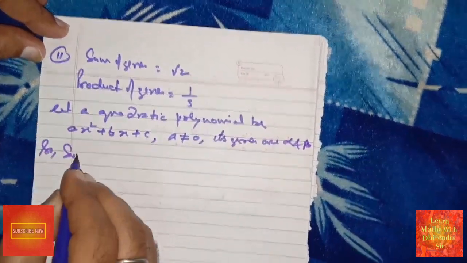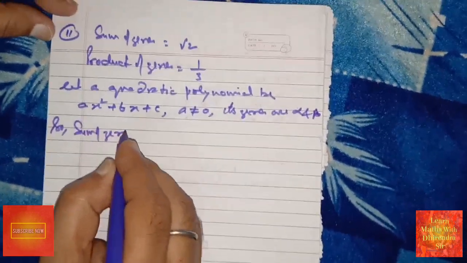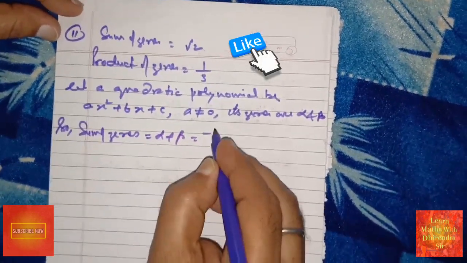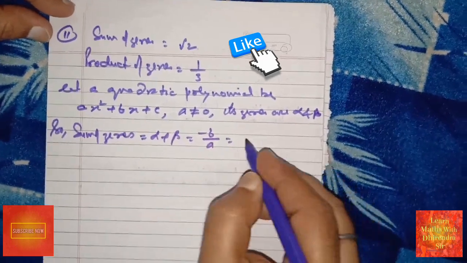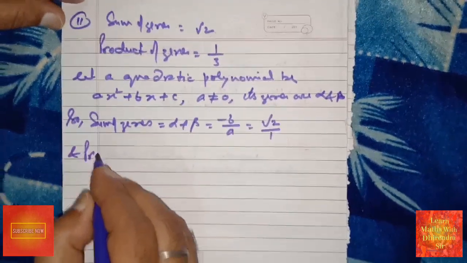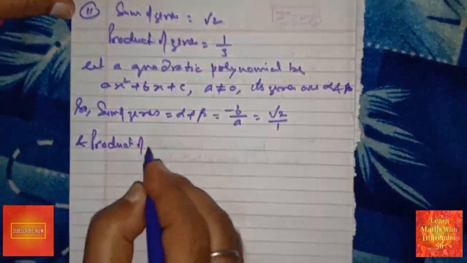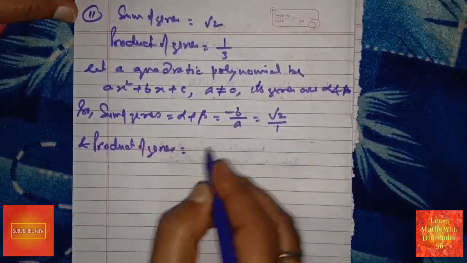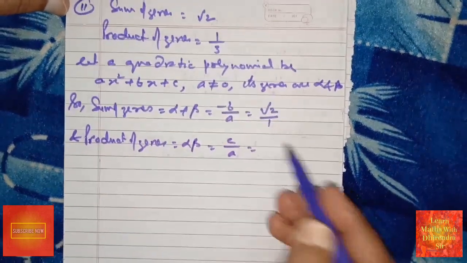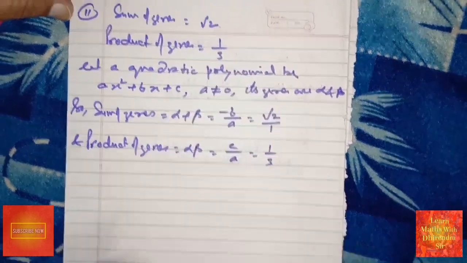So sum of zeros equal to alpha plus beta equal to minus b upon a root 2 upon 1, and product of zeros equal to alpha into beta c upon a, same as here is the 1 upon 3.